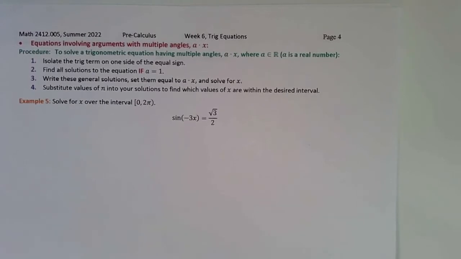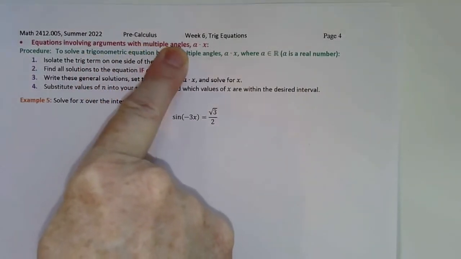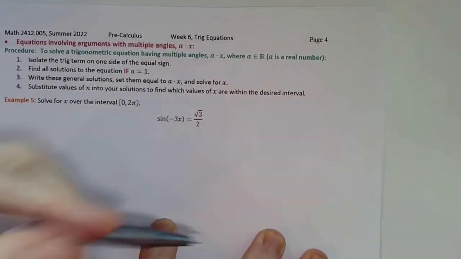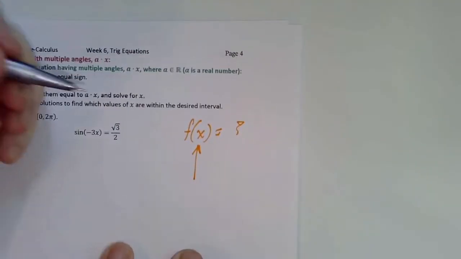Now let's look at solving equations. These are still going to be linear equations, but where the argument is a multiple angle. Let's just remember what an argument is. If we have f of x equals whatever, the thing that's plugged in is the argument.